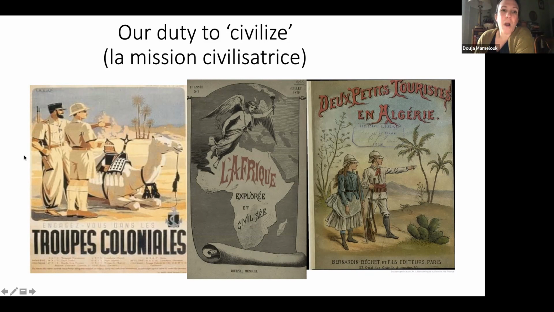So first of all, we have the Frenchmen here standing. They look nice, they look clean, they're armed, and next to them a camel. There are a few trees here, but it's the desert. Africa, same thing, it needs to be explored and civilized, but mind you, there's nothing over it other than Marianne. And then finally, the two little tourists that are exploring, notice there's a cactus, nothing much going on, and the French are exploring these lands.